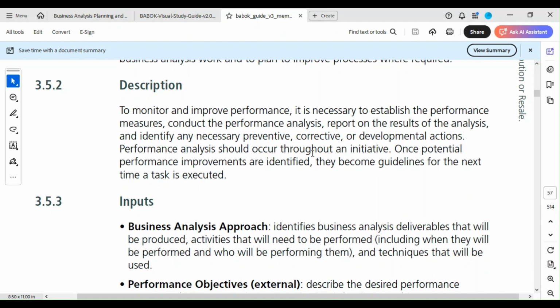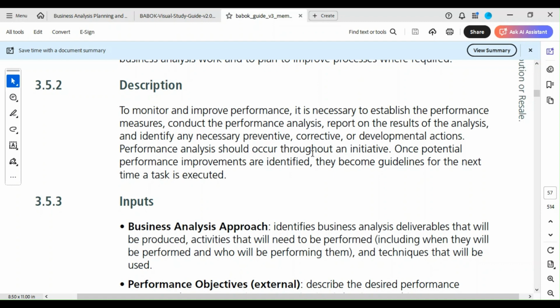So you are also establishing reports on the result of the analysis. You are looking at your performance, you are measuring it, you're reviewing it, then you are also reporting on the result of the analysis, and then identify any necessary preventive, corrective, or developmental actions.